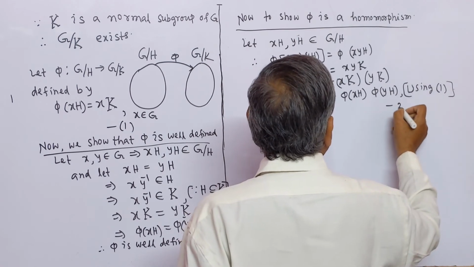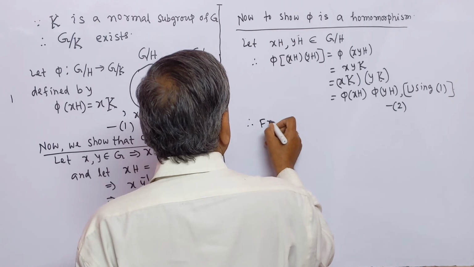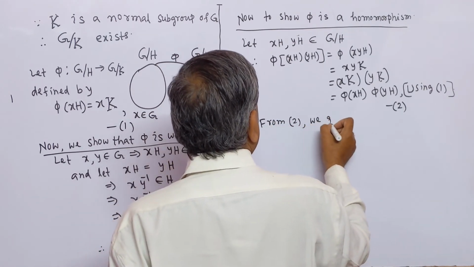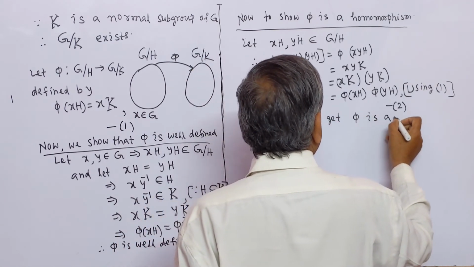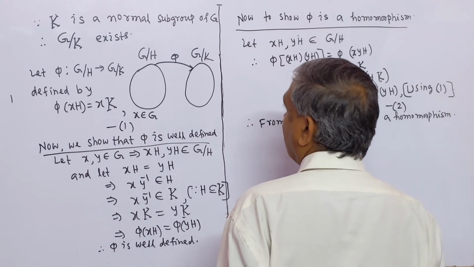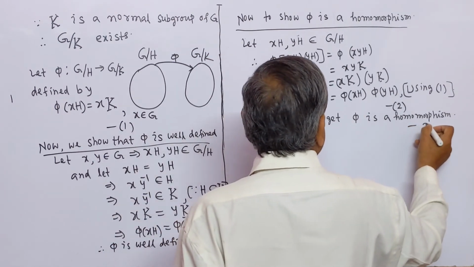This is number 2. Therefore, from 2 we get phi is a homomorphism.